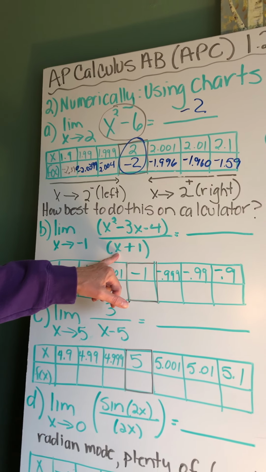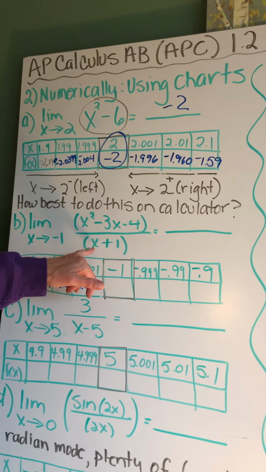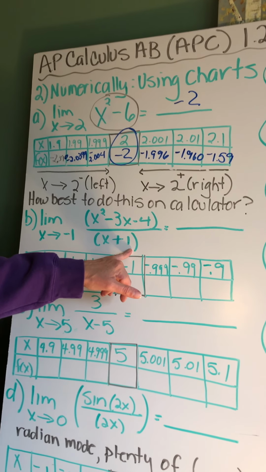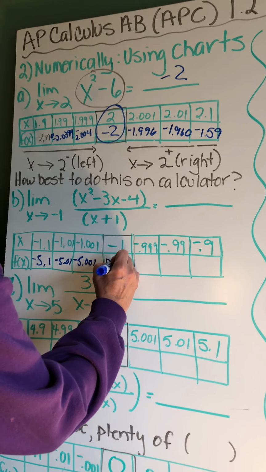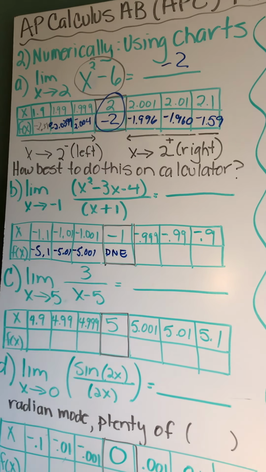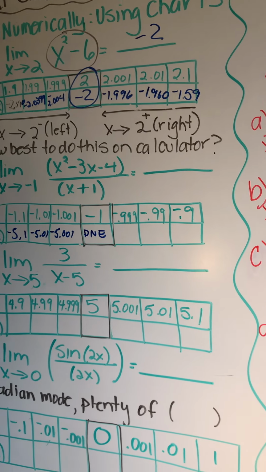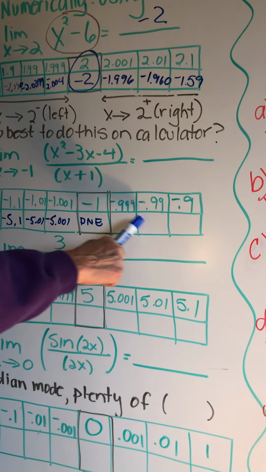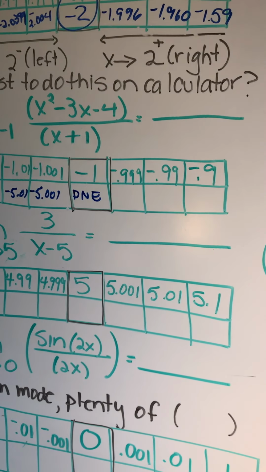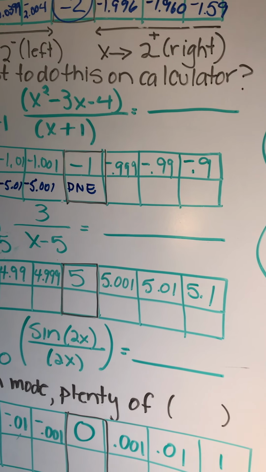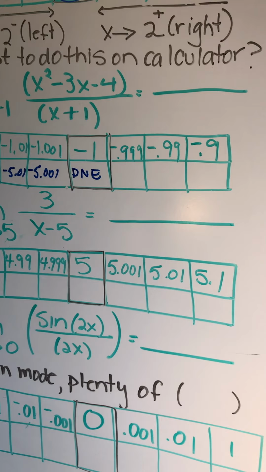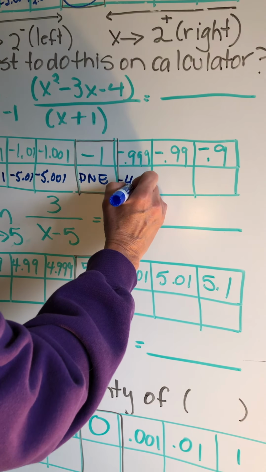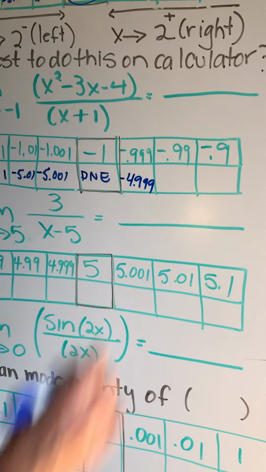When I put a -1 into the denominator, I get -1 plus 1 is 0, and I can't divide by 0. Well, I'm just going to say that the value of the function at -1 doesn't exist. There's nothing there. Let's do these three values. -4.999.